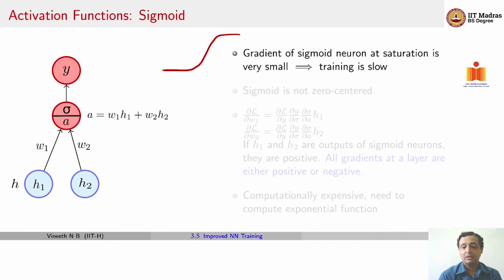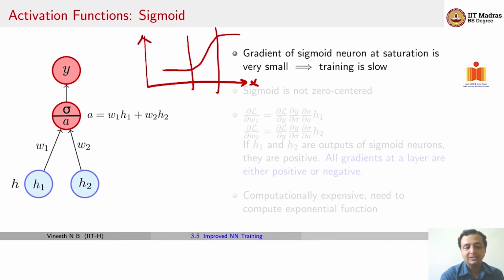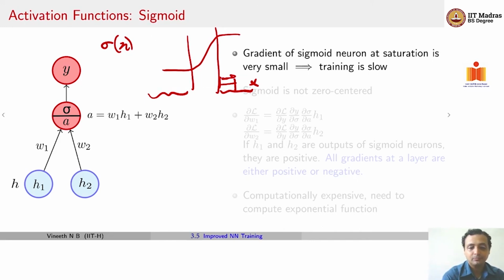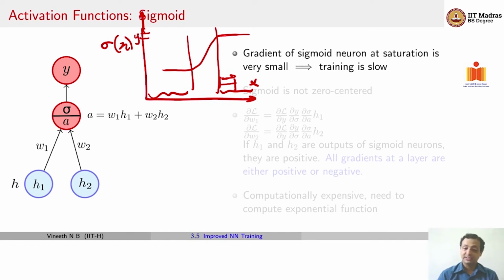You see here that when the input is very small or even very large, remember that your input is along the x-axis here, the y-axis is your sigma of x, when your input is small or large, even a very large change in the input may result only in a very small change in the output here, because this function is almost flat after a certain point. This is the case whether the input is small or whether the input is large.